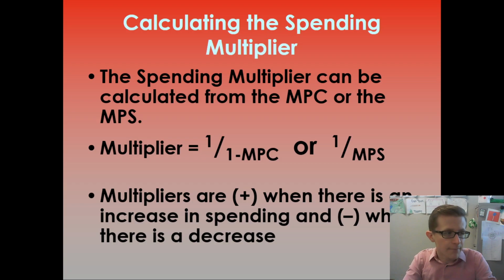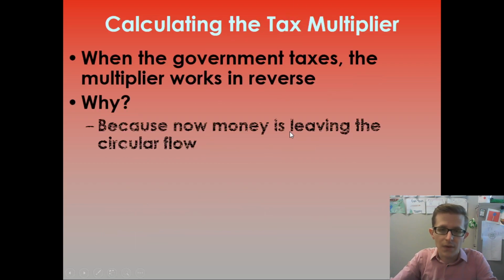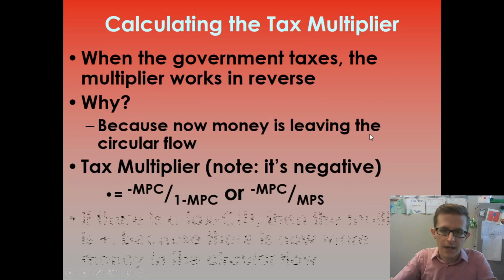So that said, multipliers are a positive thing. They end up positively multiplying the impact on GDP when there's an increase in spending. However, it can end up having a negative impact too if there's a decrease, as we'll come to see. The tax multiplier is going to be similar but also different.